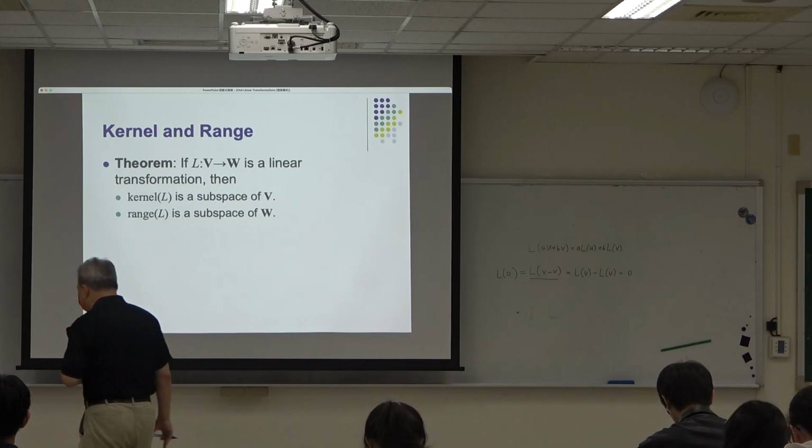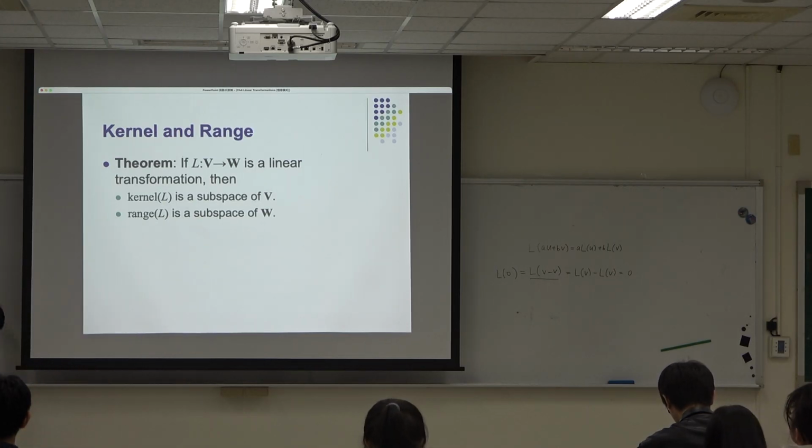How about the third rule? The third rule is that for any scalar alpha and U in the kernel of L, we show alpha U is in the kernel of L. If U is in the kernel, that means L(U) equals 0. So L(alpha U) is the same as alpha L(U).